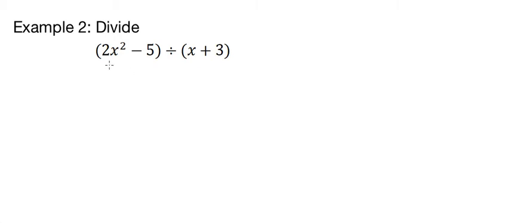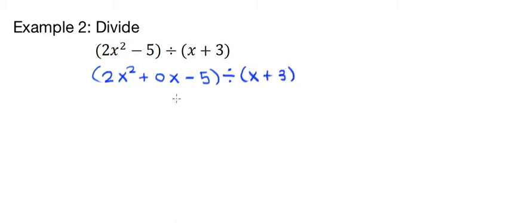But before we do that, we should complete this polynomial, right? 2x squared minus 5 is not complete, but I can easily complete it by adding this term 0x, so 2x squared plus 0x minus 5. And then the new division will look like this, divided by x plus 3.